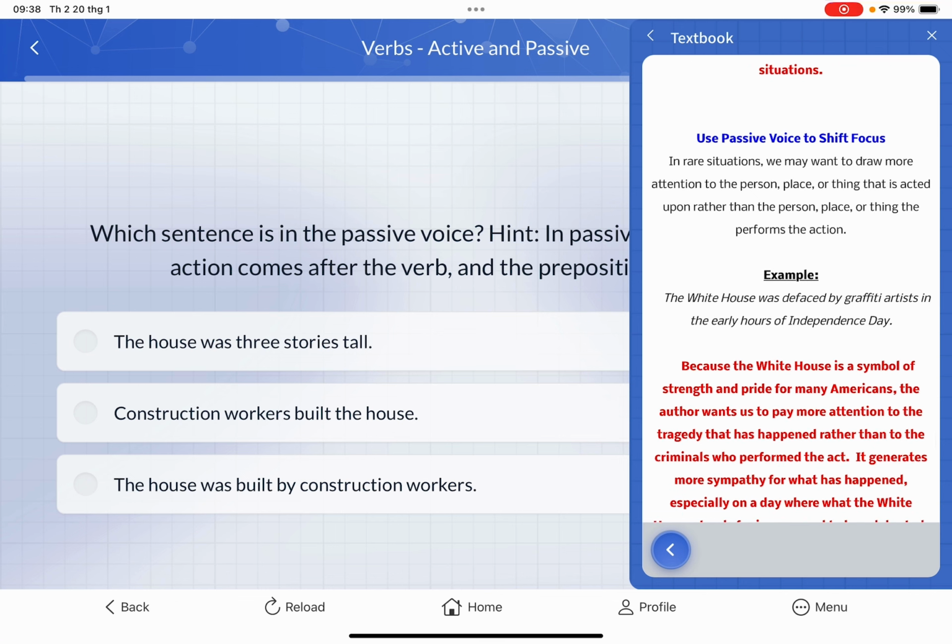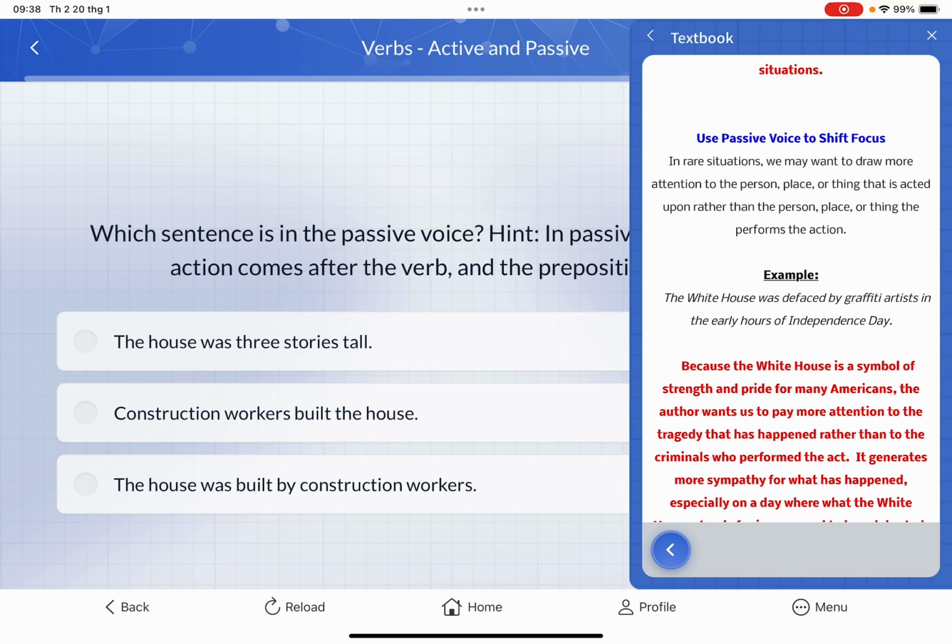But in rare situations, we may want to draw more attention to the person, place, or thing that is acted upon rather than the person, place, or thing that performs the action. So sometimes we should use the passive voice more than the active voice. For example, the White House was defaced by graffiti artists in the early hours of Independence Day.